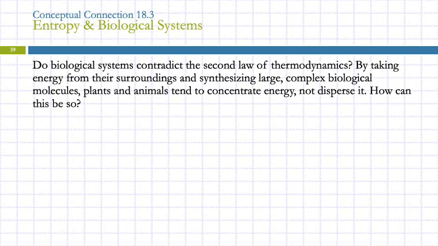Okay, do biological systems contradict the second law of thermodynamics? We think about it. By taking energy from their surroundings and synthesizing large complex biological molecules, plants and animals tend to concentrate energy, not disperse it. How does that work? As far as how it contradicts, the second law of thermodynamics says the entropy of the universe is increasing.